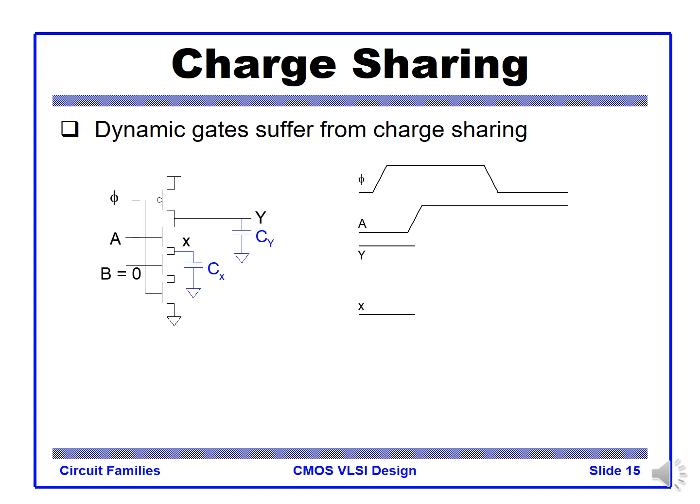Dynamic circuits suffer from charge sharing. For example, on the left-hand side, in the dynamic logic case, we have the intermediate node X, which has a parasitic capacitance Cx. Let's assume that we precharge Y to VDD and B is 0, so this MOS is always off.